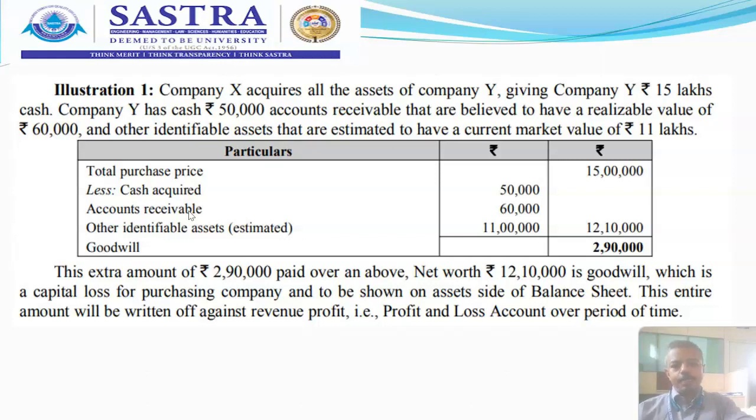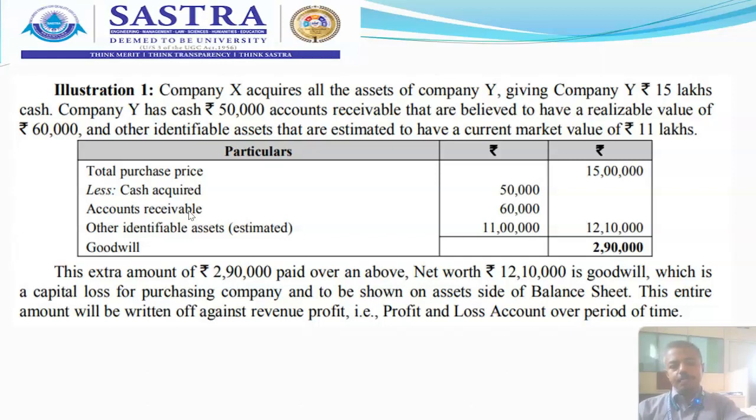So when the total purchase price is said to be rupees 15 lakhs, and subtract the cash acquired, that is 50,000, amounts receivable, that is the realizable amount 60,000, and other identifiable assets, that means tangible assets, estimated at rupees 11 lakhs, which means net realizable value of assets altogether comes around 12,10,000, but the purchase price is 15 lakhs. So what happens in the difference?